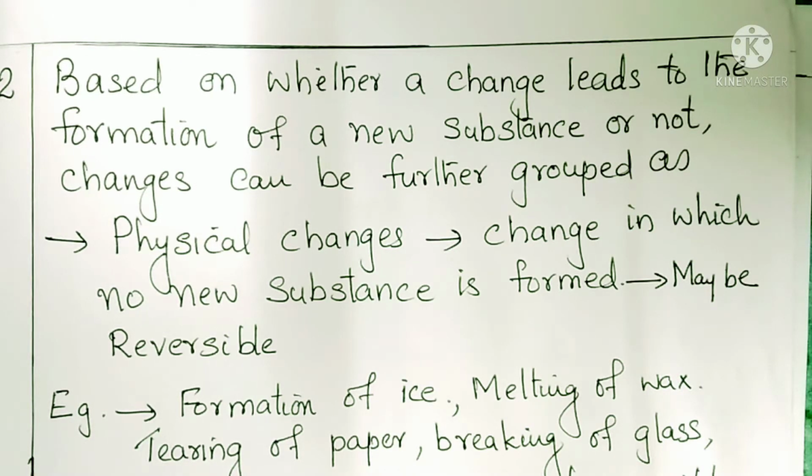First group of changes is physical change. As the name suggests, physical means only the physical appearance may change, or sometimes the color may change or the shape may change a little bit. A change in which no new substance is formed is called a physical change.